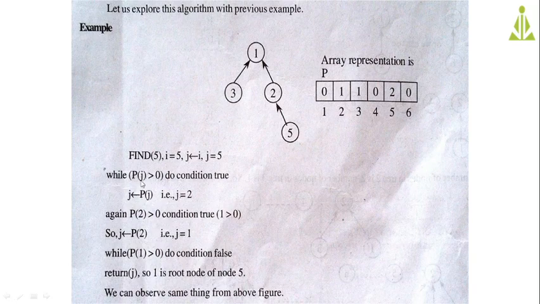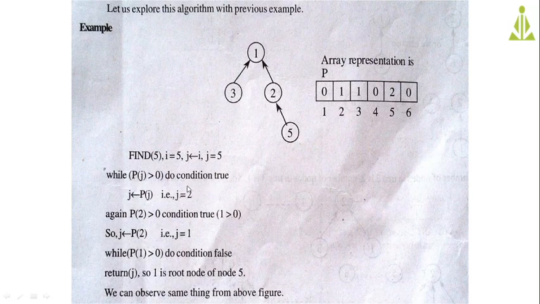Okay, while p of j is greater than 0, p of j means p of 5. What is present in p of 5? It is 2. So j is equal to 2.